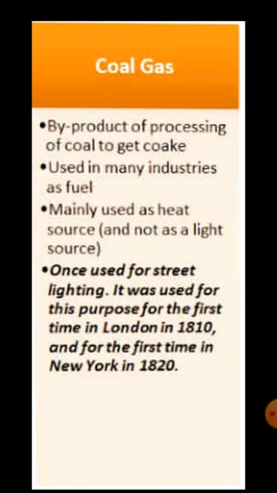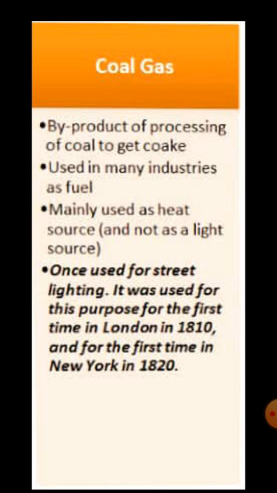For the first time, it was used for street lighting in 2 countries, in London in the year 1810 and in New York in the year 1820. These days, we use it as a source of heat rather than light.